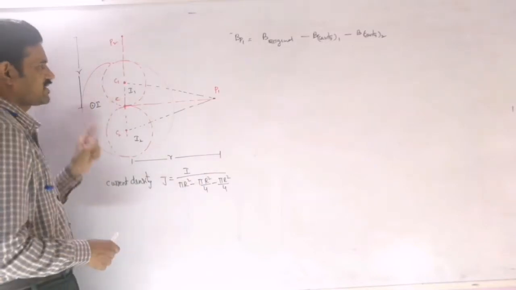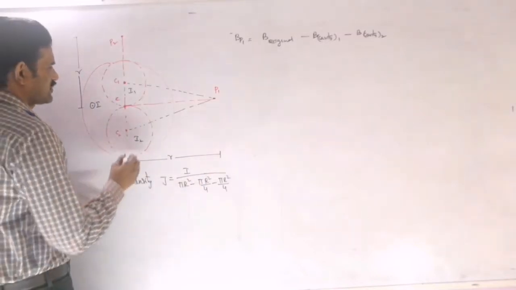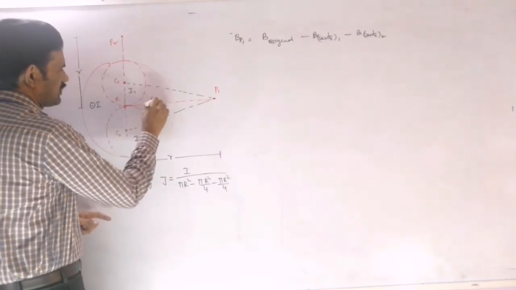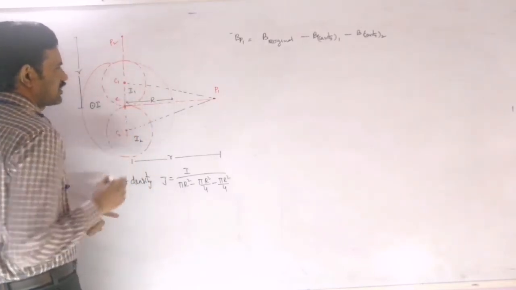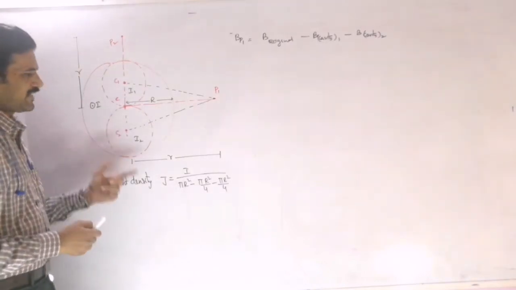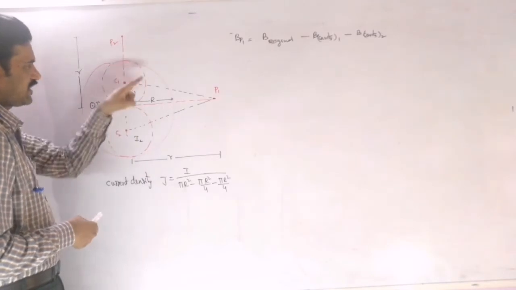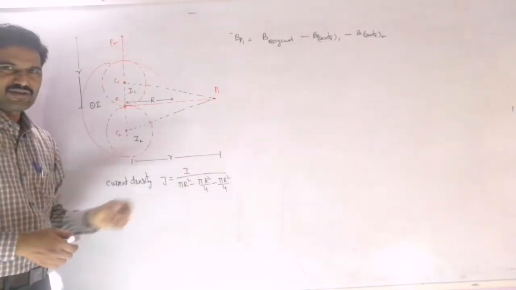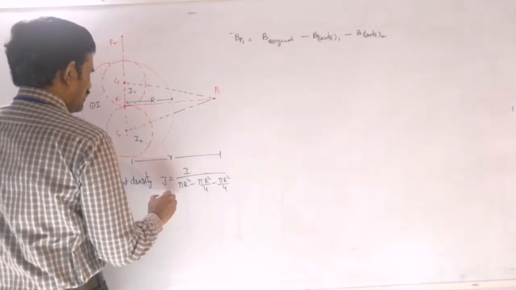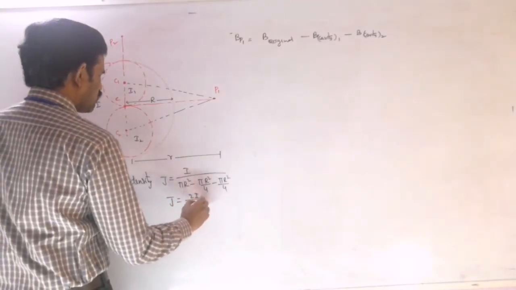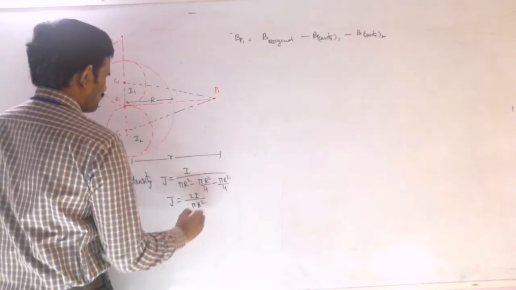The total area is pi R square, where capital R is the radius of this cylindrical conductor. So pi R square minus pi R square by 4, the area of this cavity we need to subtract, right? And so this expression is 2I by 3 pi R square, you will get.